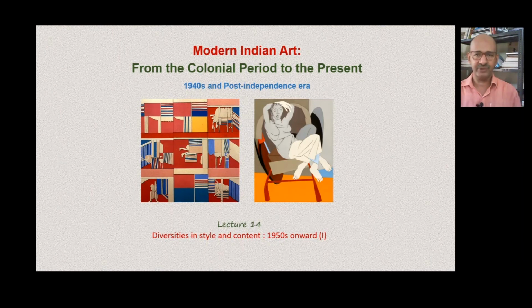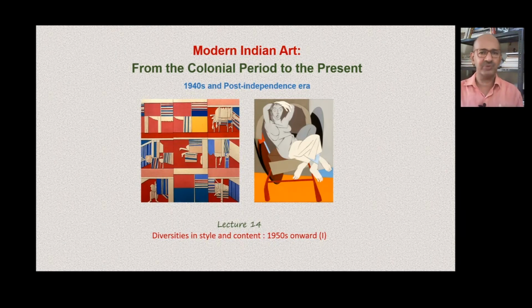Today, that is the 14th lecture from this series and also followed by the next one, that is the 15th one. In these two lectures, we will be mainly looking at the developments taking place in modern Indian art from 1950s onwards. Now, some of these artists who were pretty active during this time were already there in 1930s and 40s.